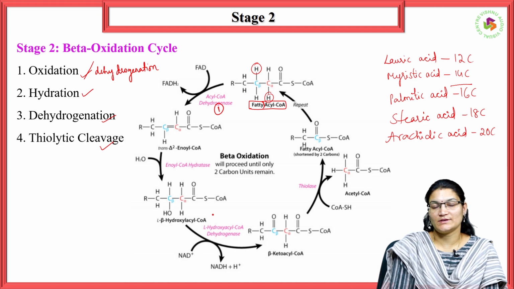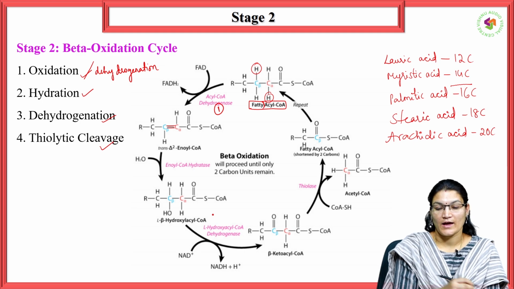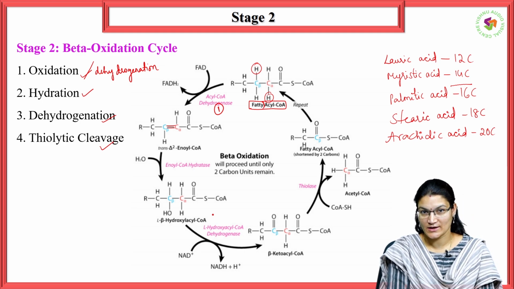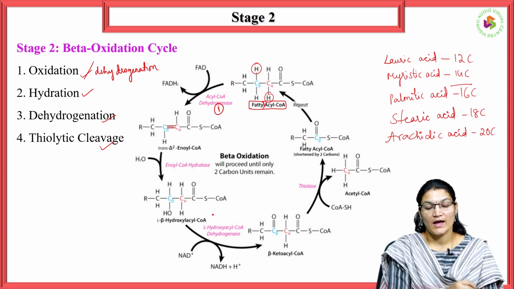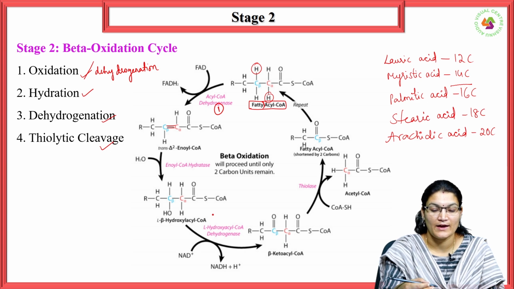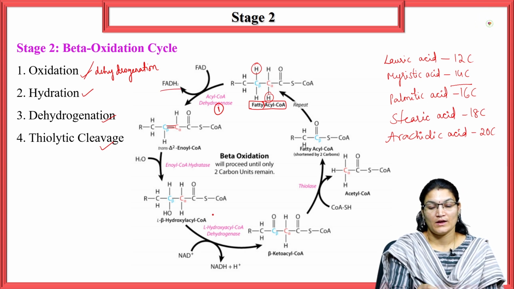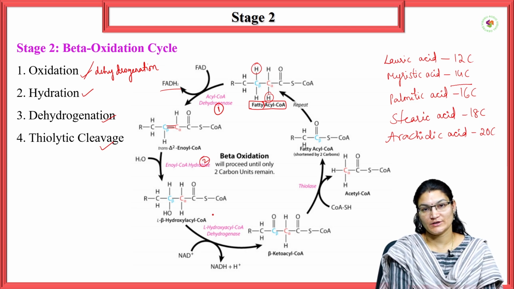So 2 hydrogens are removed at the alpha and beta positions, and you get a double bond in the first product. This process occurs in the presence of acyl coenzyme A dehydrogenase, the enzyme which catalyzes this reaction, and the removed hydrogens are taken up by FAD, which gets converted into FADH2.